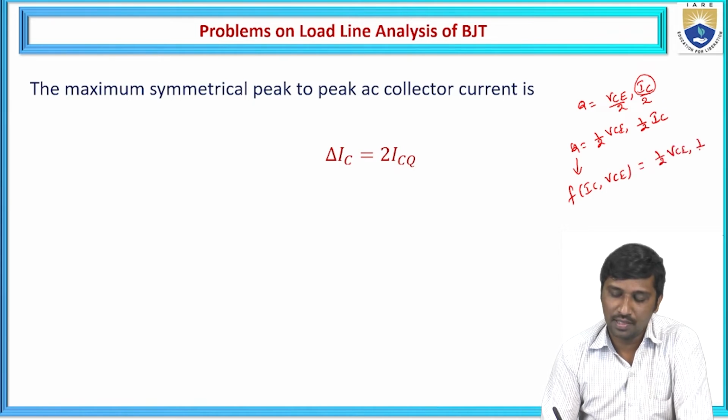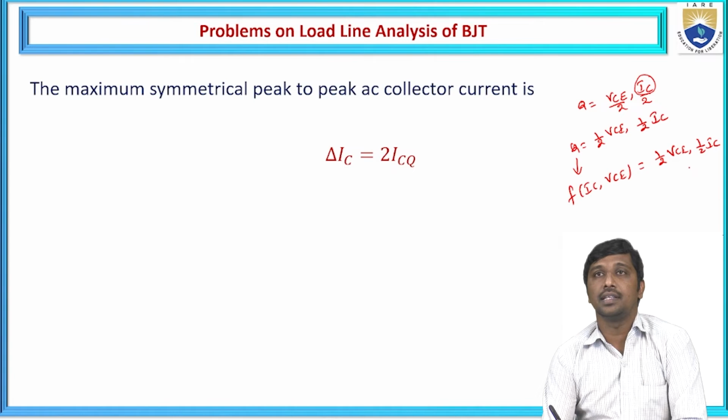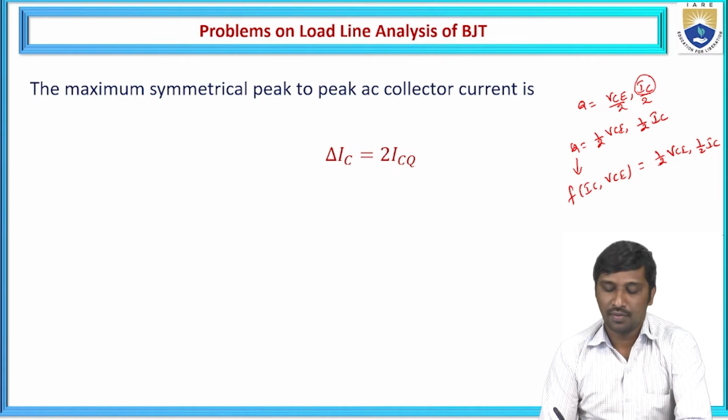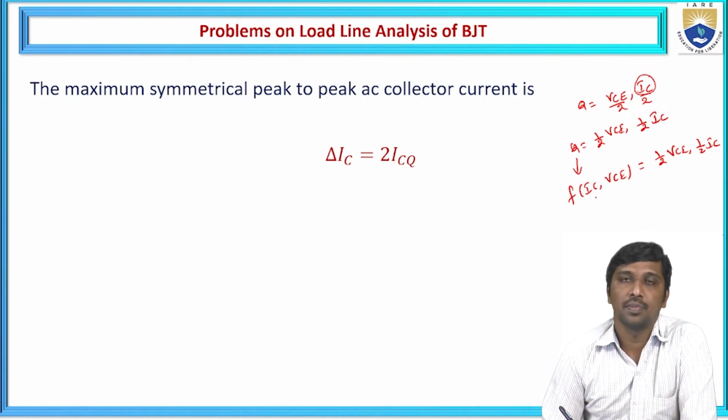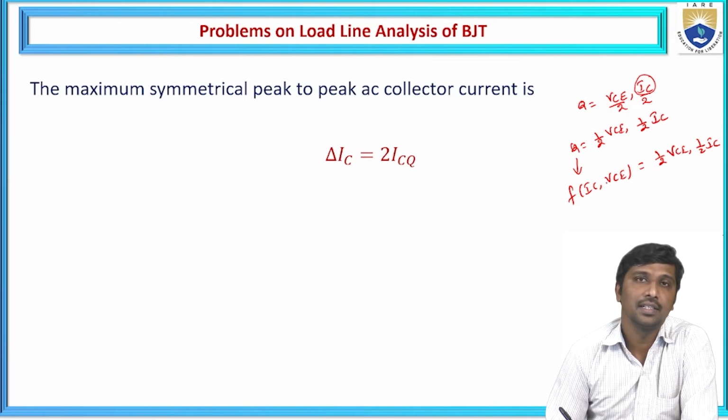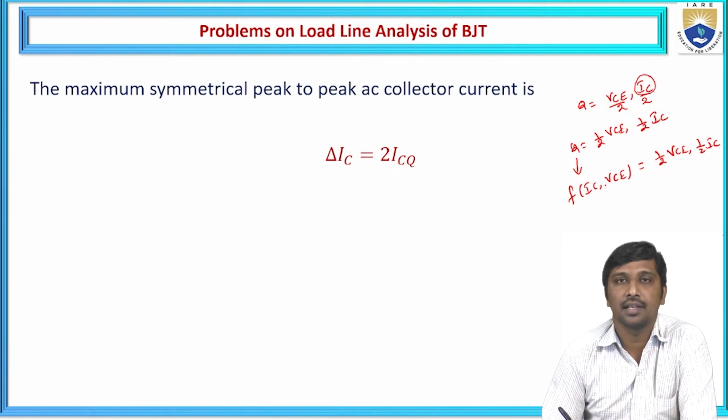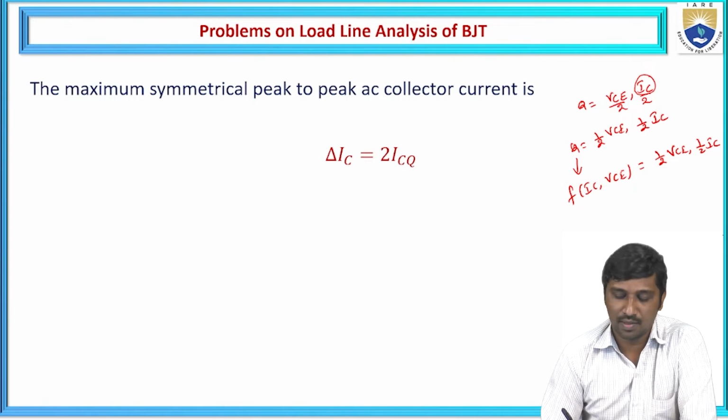These are the two parameters that indicate the optimum operating point. From this, we need to calculate the maximum peak-to-peak collector current and the maximum peak-to-peak voltage generated across the collector and emitter terminals.